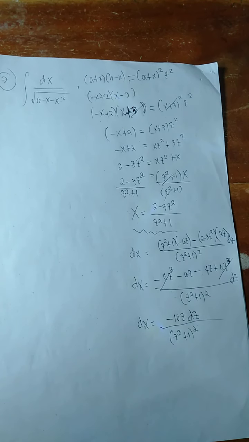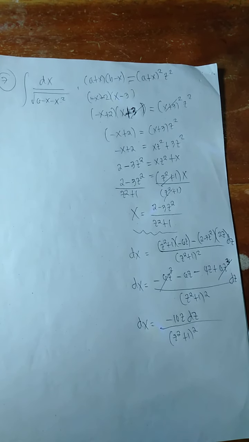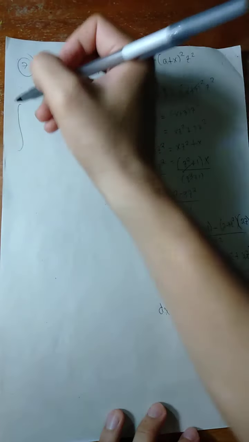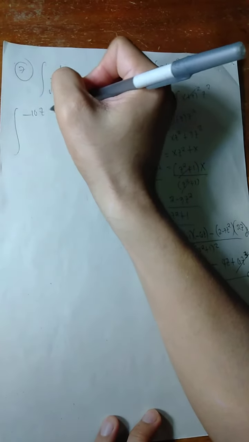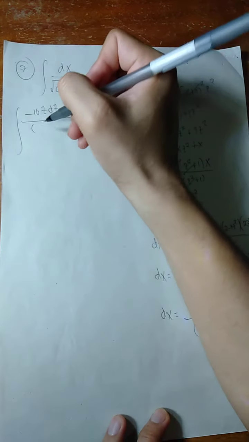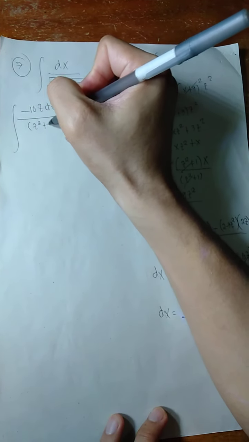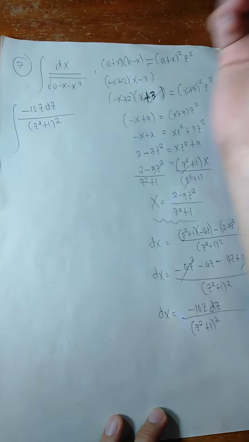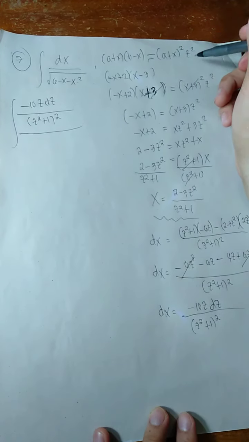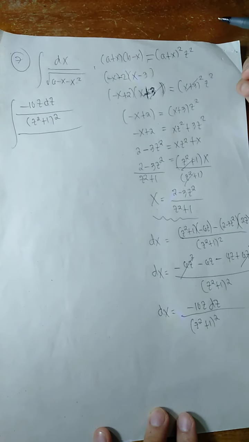Ayun yung dx natin. So, we can do now the replacement or the substitution. So, magiging integral na of negative 10z dz all over z squared plus 1 squared all over. So, etong 6 minus x squared, papalitan mo na ngayon ng ito.